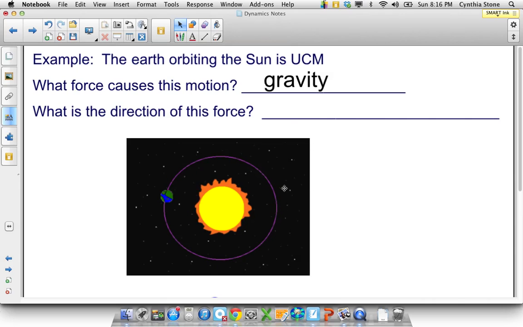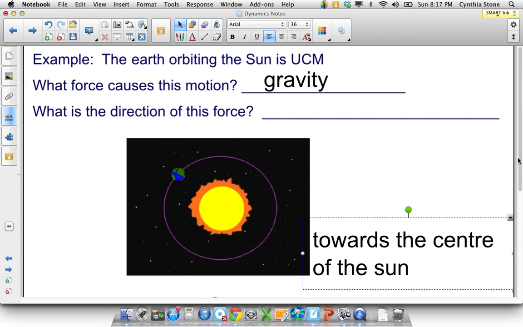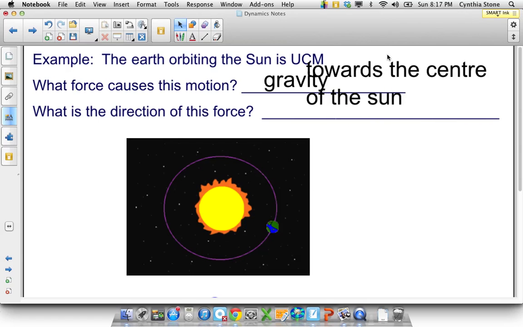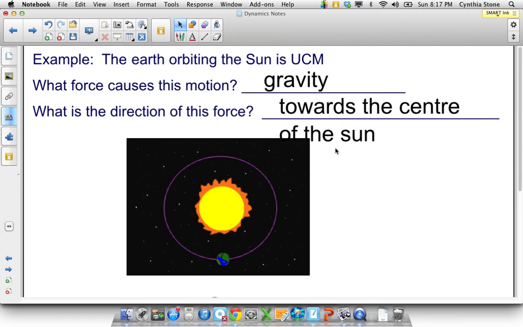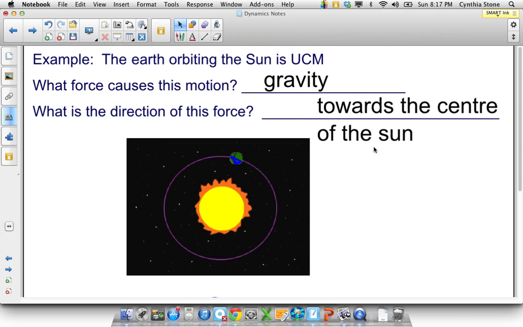Similar to the acceleration, it's constantly changing. But the one thing that doesn't change is it's towards the center of the circle. Center of the Sun in this case. But that's the hint. The force causing circular motion is always towards the center of the circle. Okay?